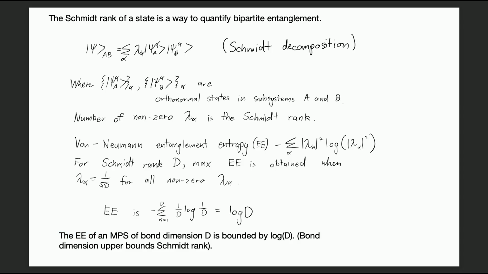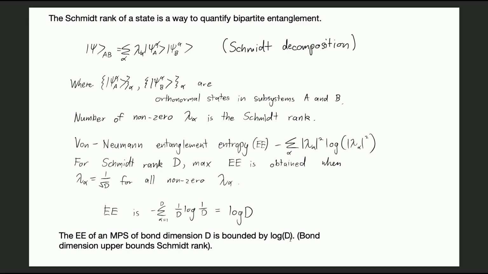What we can see from an MPS is that the bond dimension of the MPS actually bounds the Schmidt rank. So for an MPS of bond dimension D, the Schmidt rank is bounded by D. And so the entanglement entropy between any two halves, any bipartition of the chain, is going to be bounded by log D. So this tells us something about the entanglement in matrix product states.